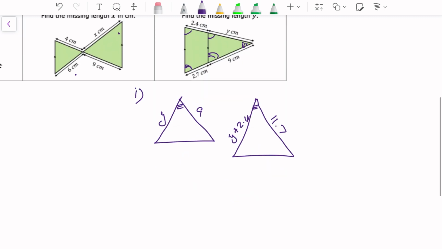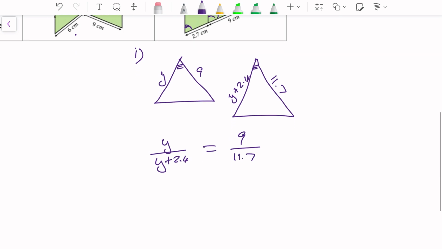Okay, so this one is slightly different in the sense that we have y over y plus 2.4 equals 9 over 11.7. Now we have two y's, one at the top and one as part of the y plus 2.4 at the bottom. So you should remember that in a situation like this, cross multiplying gets rid of all the fractions. So let's do that first.